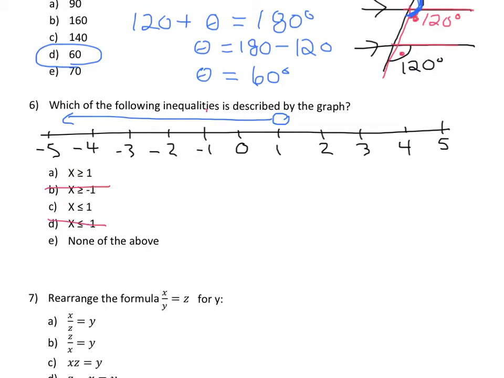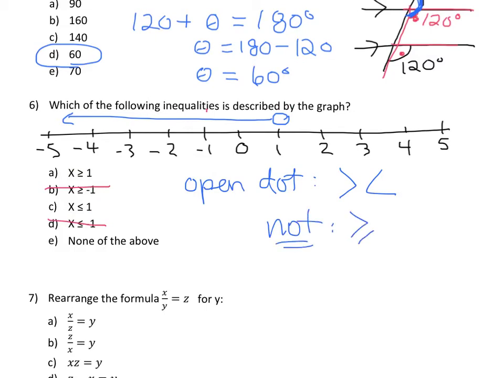Now, the open dot, as you may recall, means that we have one of these, either greater than or less than, not greater than or equal to and less than or equal to.